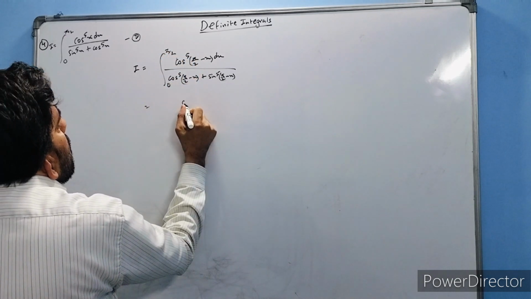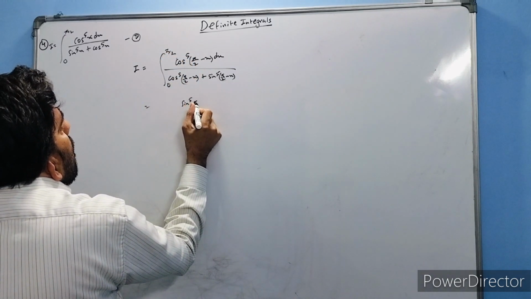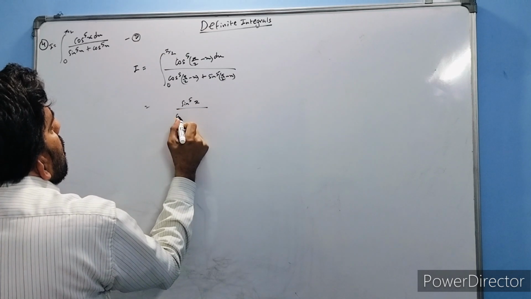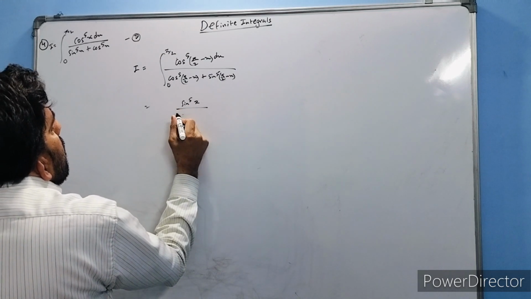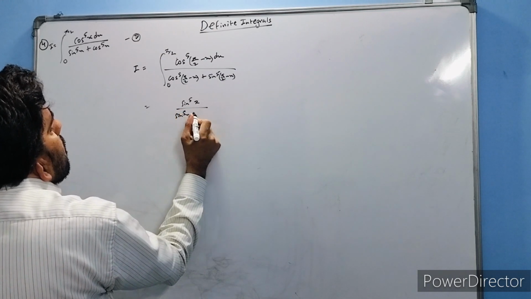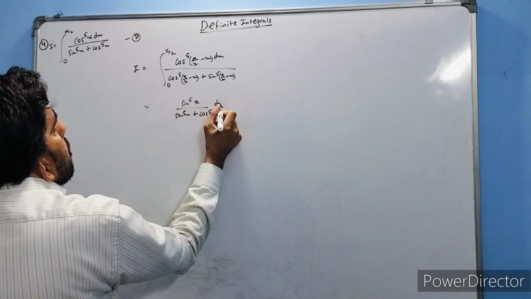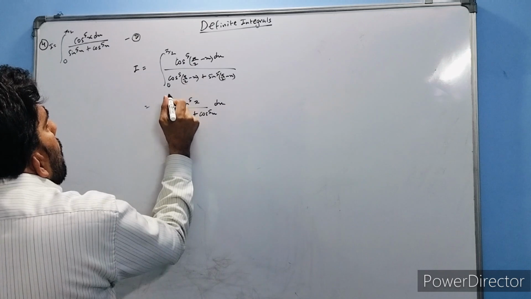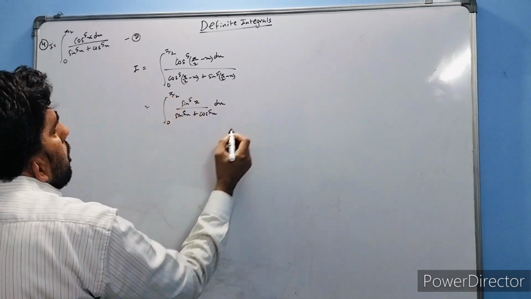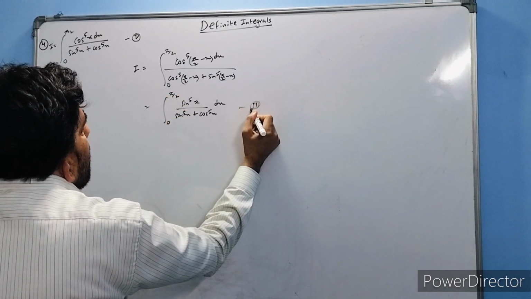So now I got sin 5x upon sin 5x plus cos 5x. Okay, so now we'll apply the property.